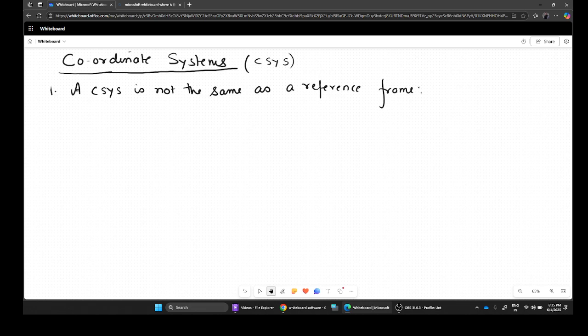Even though we see many figures which have a reference frame and a fixed coordinate system, that does not make a coordinate system the same as a reference frame. Please keep in mind.